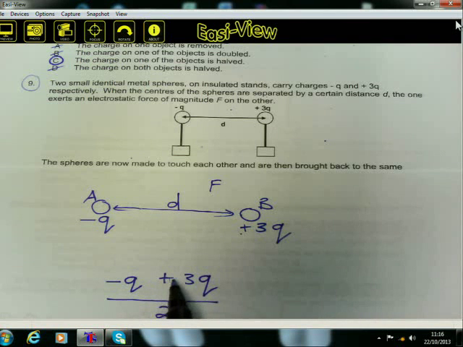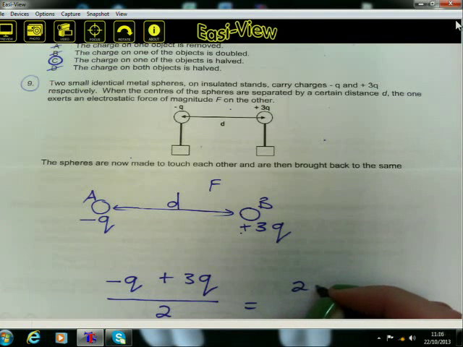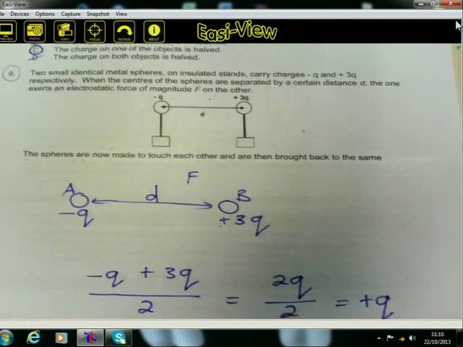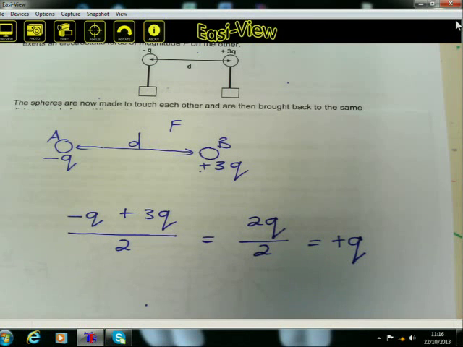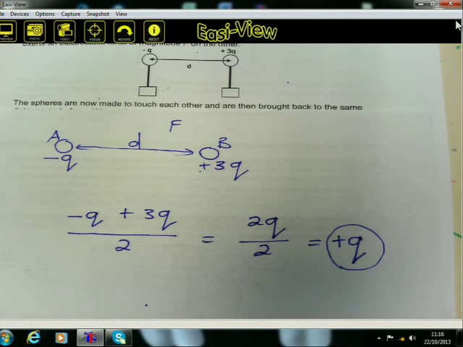Minus q plus 3q, and I hope you agree that that is 2q, divided by 2. 2 divided by 2 is 1. So the new charge on both of these objects will be plus 1q.